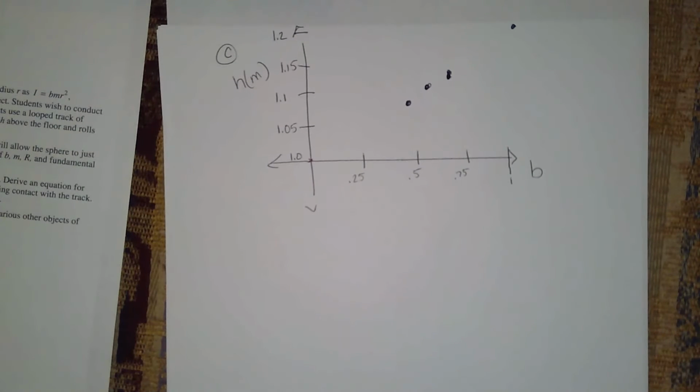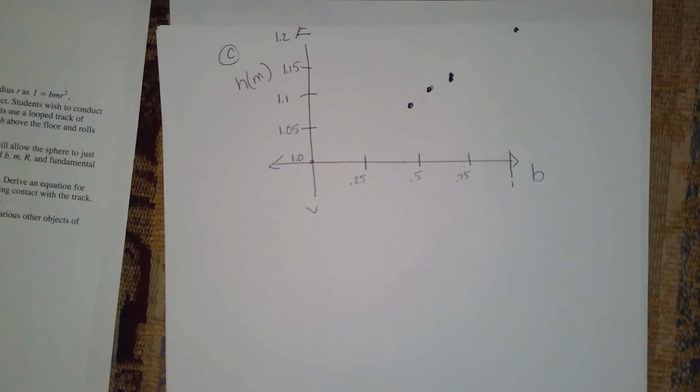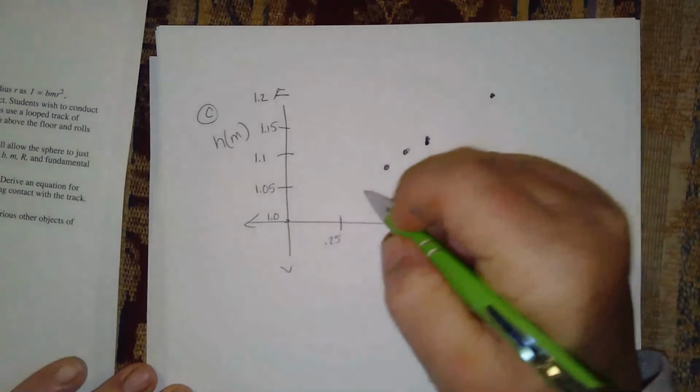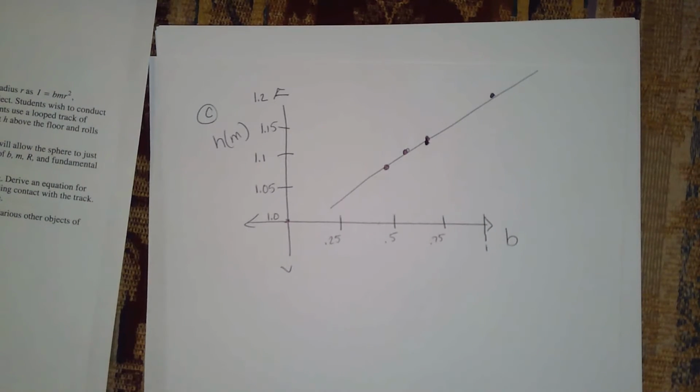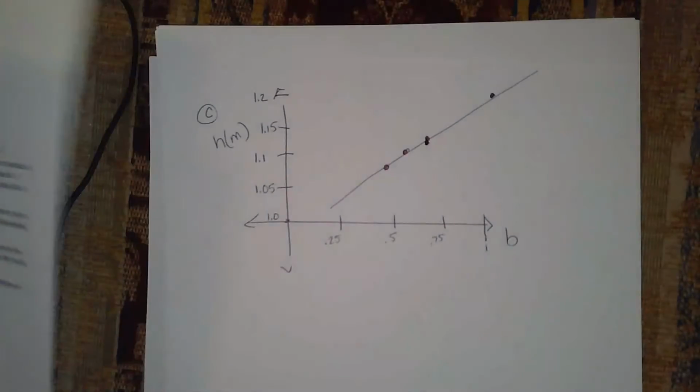Okay, now if I have a ruler, which again, I'm totally prepared for this, I do not have one. I'm going to draw a best fit line through that data. Okay. So that's what it tells me to do.